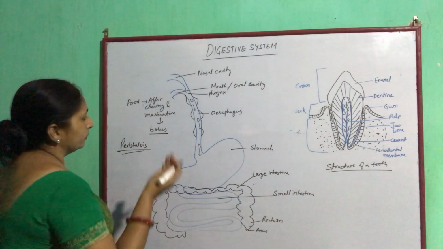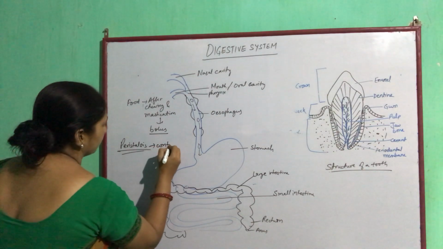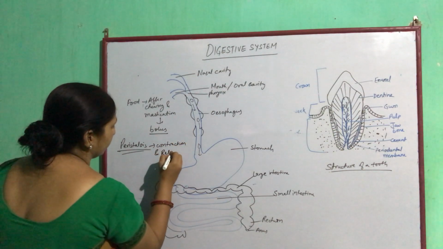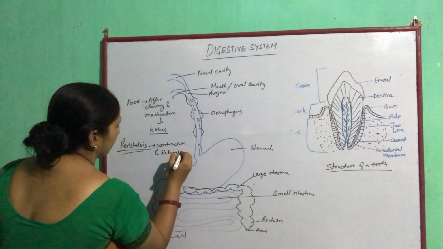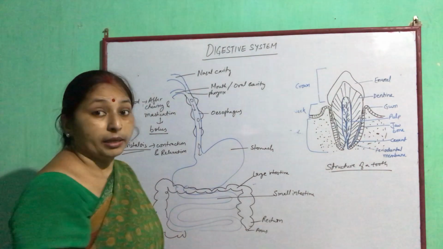Bolus is the food that we engulf. Contraction and relaxation of esophageal muscles to push the food into the stomach is termed as peristalsis.